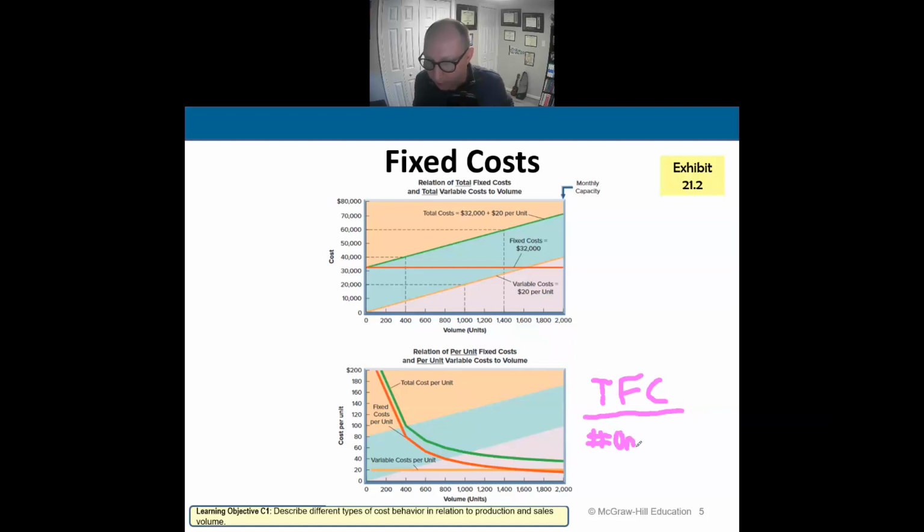This is what you would get if we were in the classroom. So total fixed cost divided by the number of units produced gives us our fixed cost per unit.